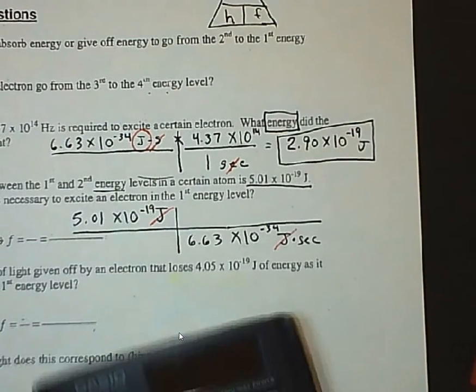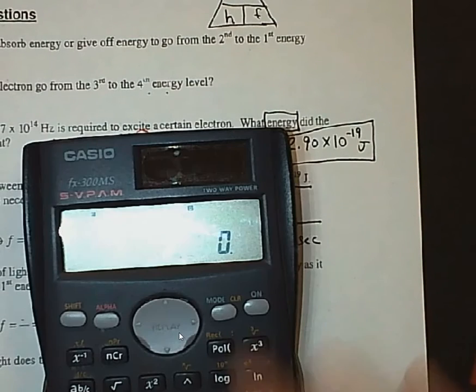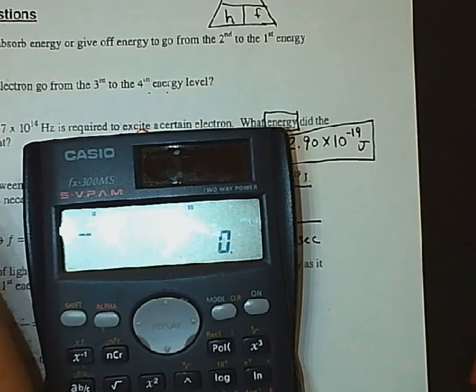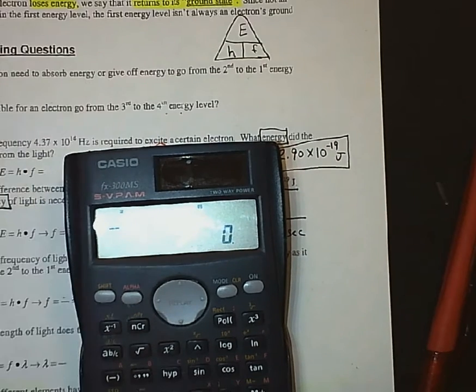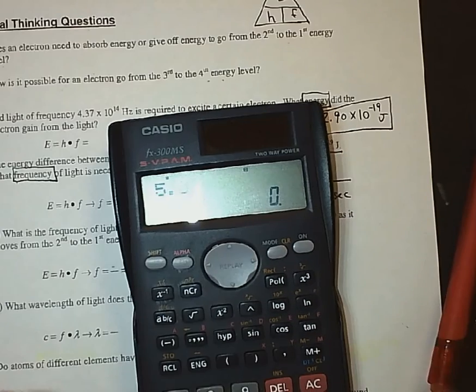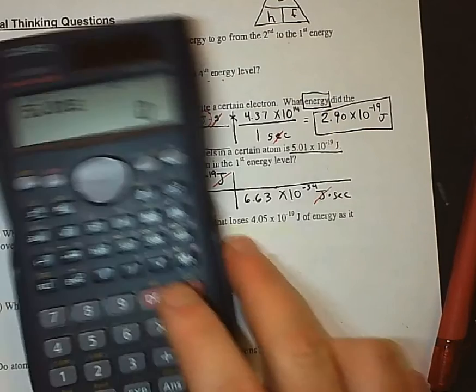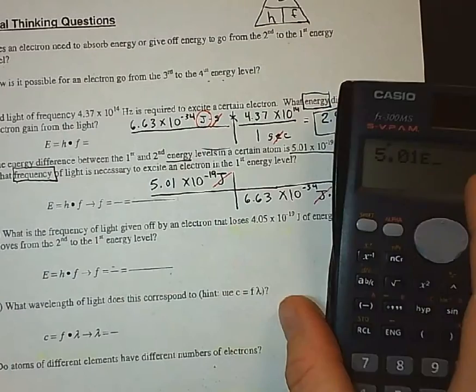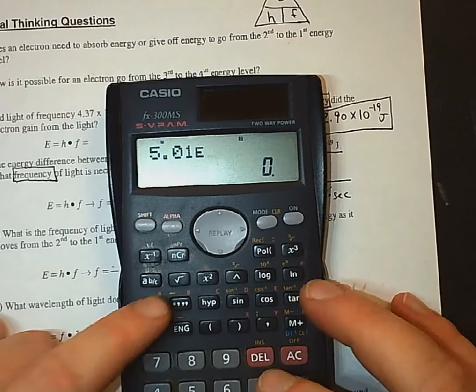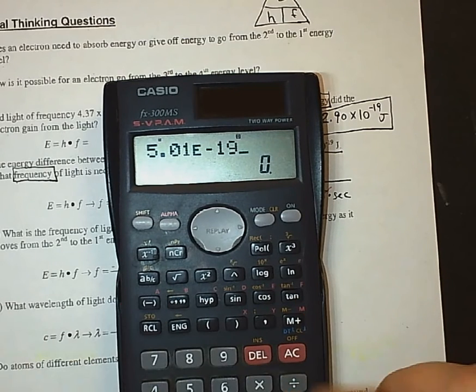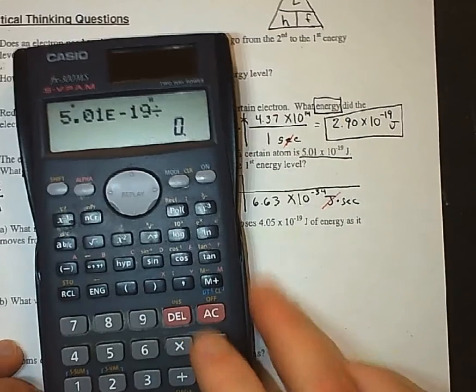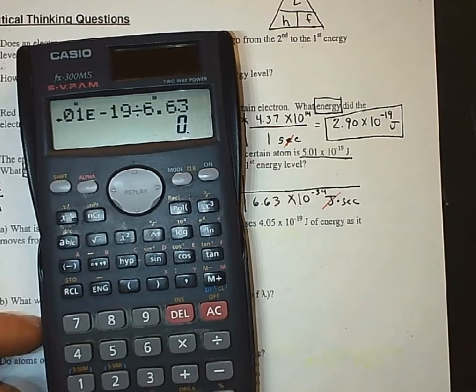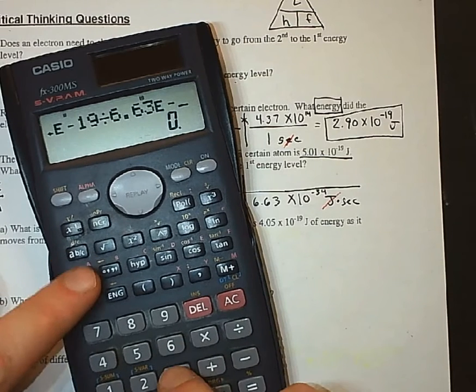Same thing, let's type this in. We have 5.01 exponent to the negative 19th. And now we're dividing it by 6.63 exponent negative 34.